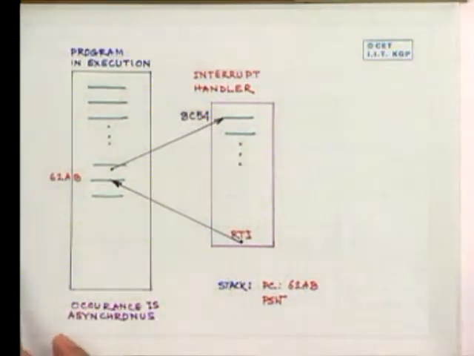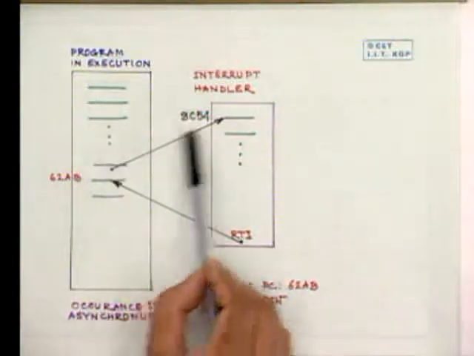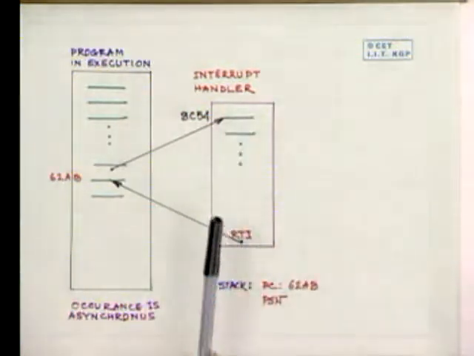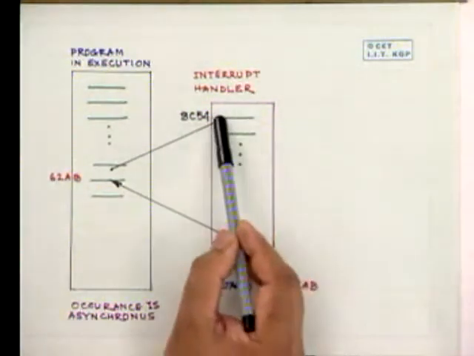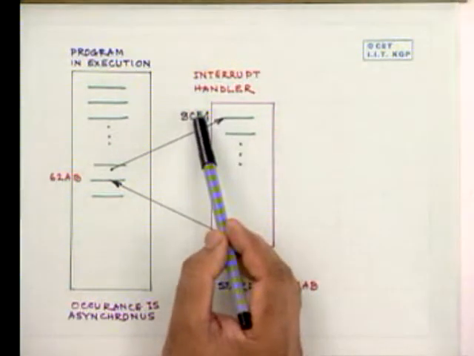Now, the processor status word is nothing but a word which contains the overall status of a program being executed. Therefore, when I am moving from the program that is being executed on interrupt to that interrupt handler, we are assuming here that the address of the interrupt handler is known.